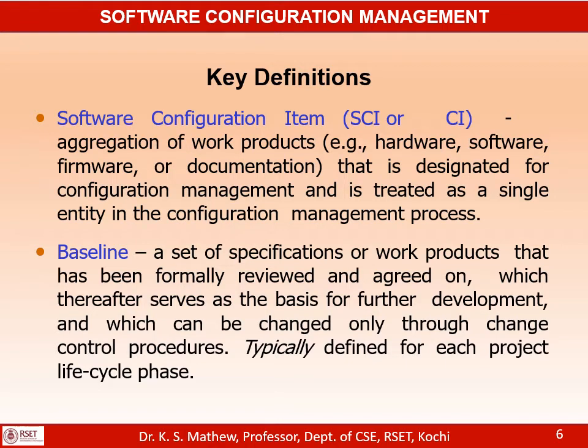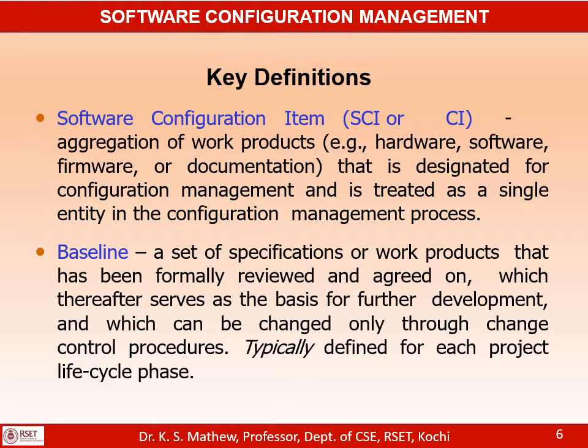Some of the definitions related to configuration management. Software configuration item, or SCI or CI, is an aggregation of work products. It could be hardware, software, firmware, or documentation that is designated for configuration management and is treated as a single entity in the configuration management process. So as part of the functionality of configuration management, we talked about identification of configuration items or work products.